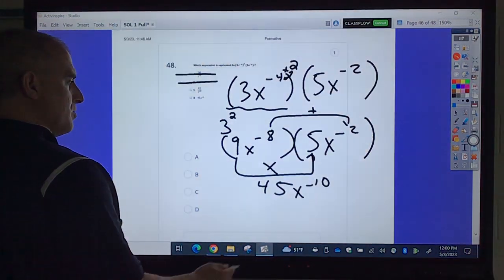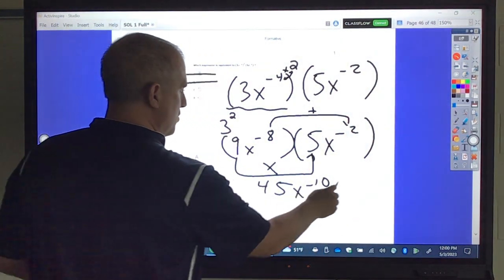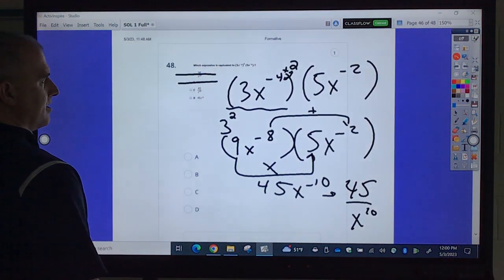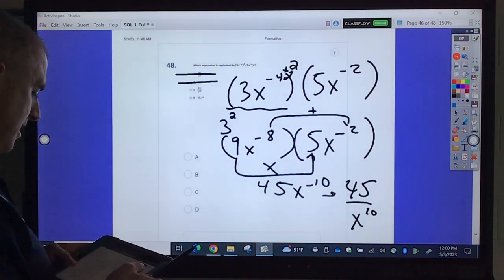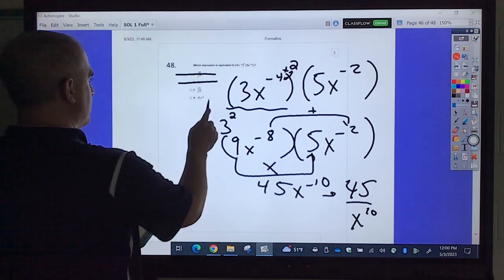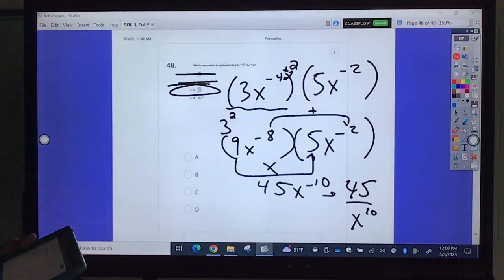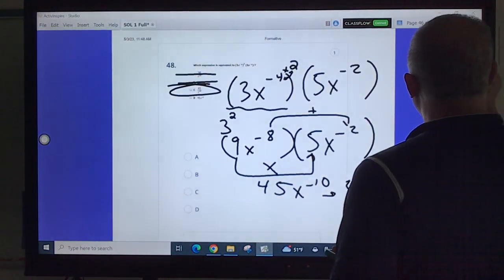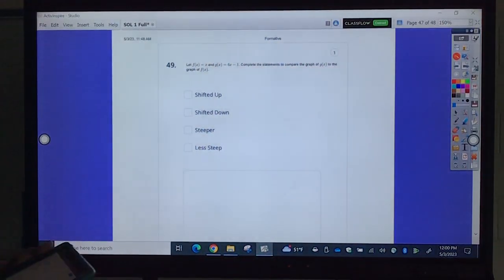Now, remember, I want to move this letter underneath to become x to the 10th. If you're being a good test taker, just getting the 10 there should have told you it was this one, because the other ones are 14, and that's going to be 45. Okay, number 49.